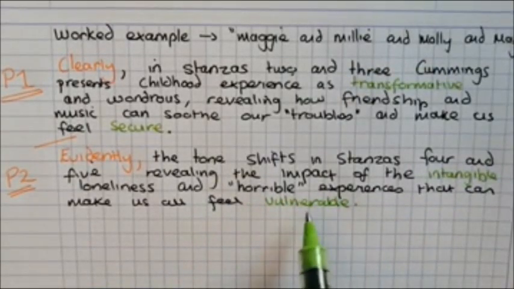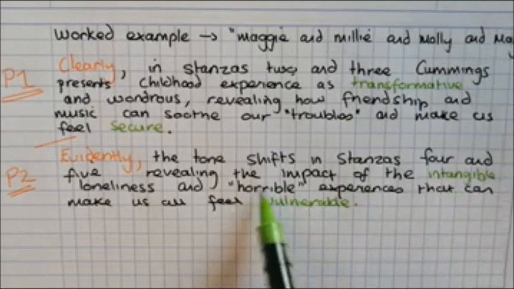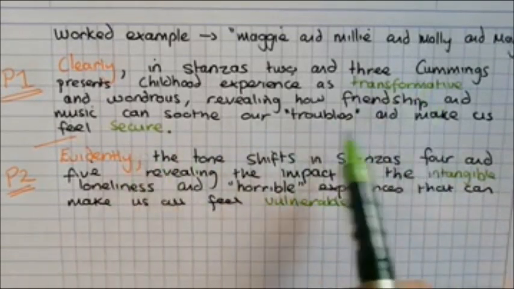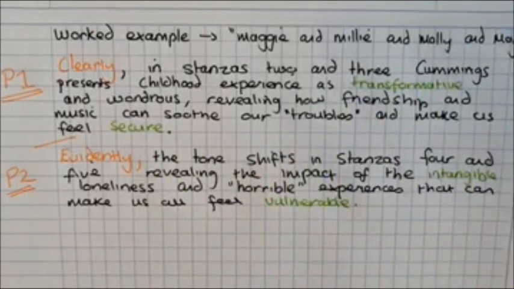Okay, so I've got my versatile vocab in there, I've got 2 of them, I've embedded a quote there, and actually, same here, 2 pieces of vocab and a short 1-word embedded quote. That's something that you guys can do too.